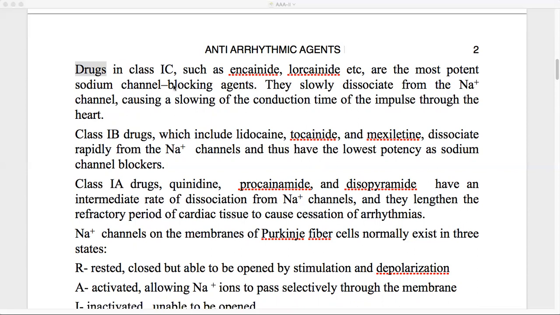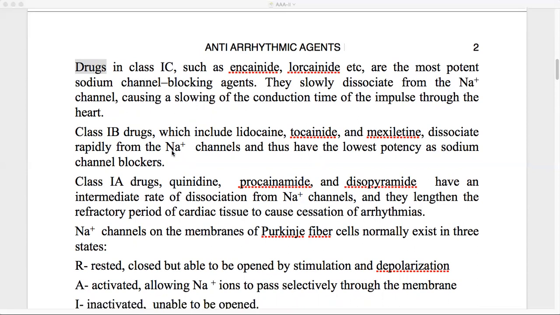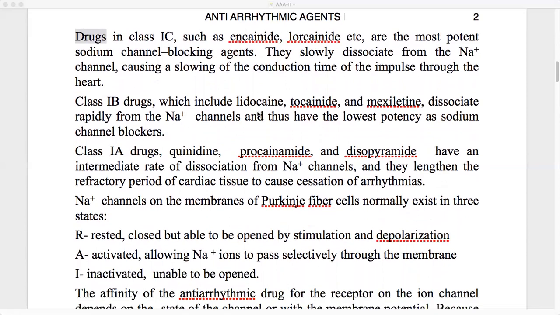Whereas class 1B drugs, for example lidocaine, tocainide, etc., dissociate rapidly from the sodium channel. The binding is not for a long period, only a very short period. Since they are low potency sodium channel blockers, their potency is very low.